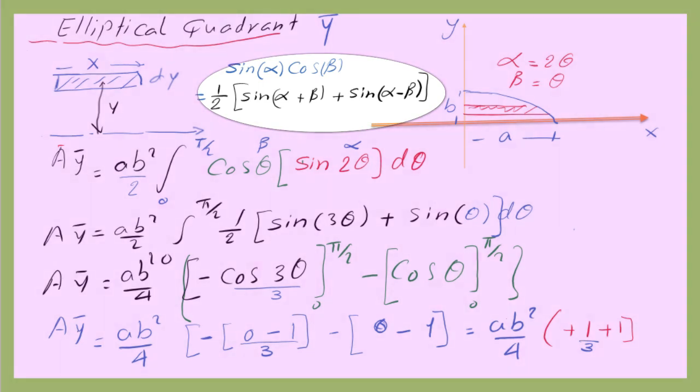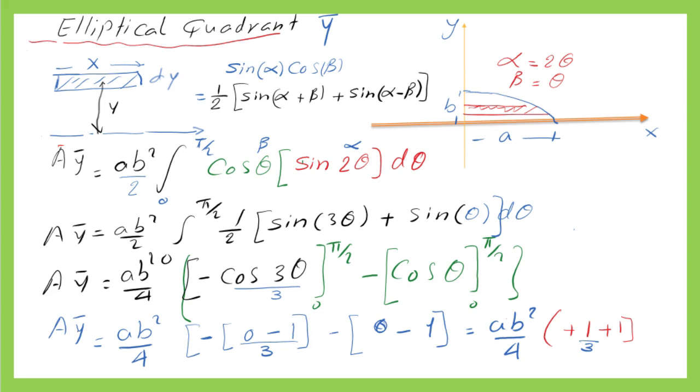So ay bar equals ab squared integration from 0 to pi over 2 multiplied by 1/2. Our sin alpha plus beta will be sin open bracket 2 theta plus theta, which is sin 3 theta, plus the sin alpha minus beta will be sin 2 theta minus theta, which is sin theta d theta.